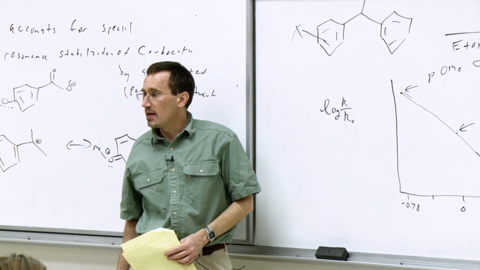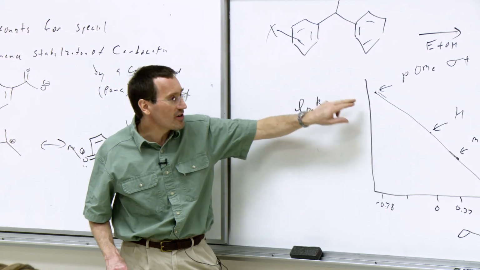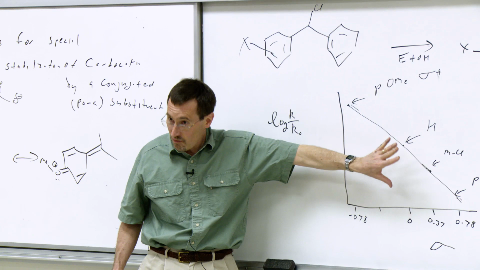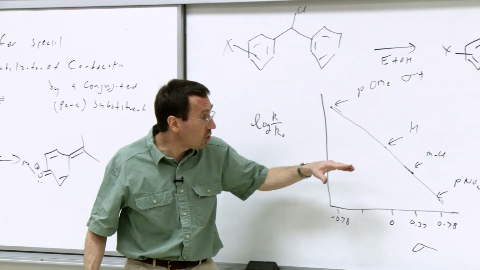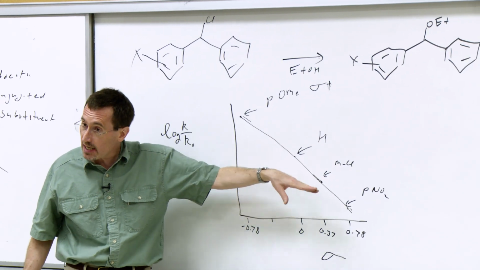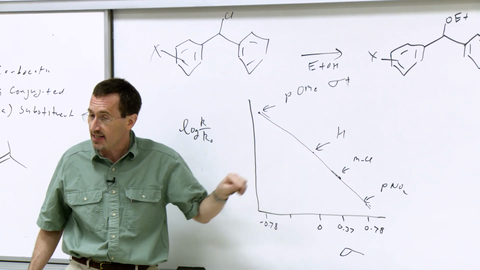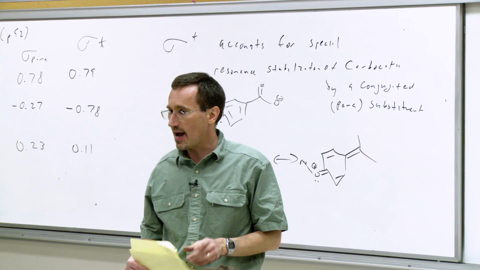Now, I haven't put any numbers on this graph. So you're going to have to trust me. A, this line is straight. Really, it's straight experimentally. In fact, what's cool is if you get a change in slope, if you don't get a straight line, which happens in some cases, that can reflect a change in mechanism of the reaction.